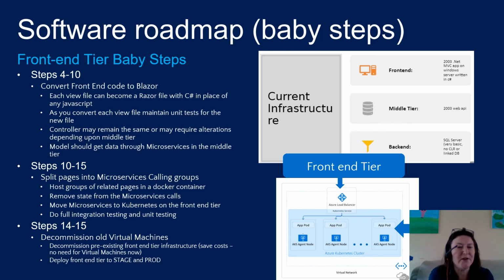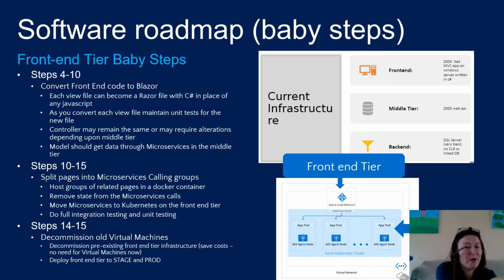So you convert the view file from Razor JavaScript into C# for Blazor and use Blazor. So as you convert each view file, you'll maintain some unit tests for the new file. Now you might use Selenium for the unit testing for a front end, for example. There's, I think, Cucumber and Gherkin and all those kind of things as well can be used.